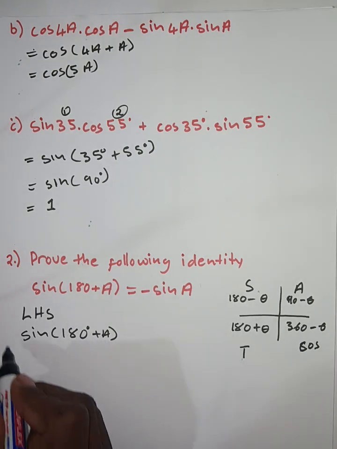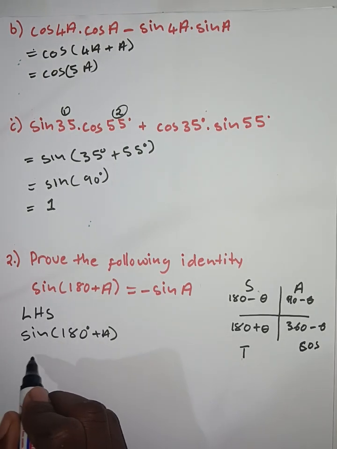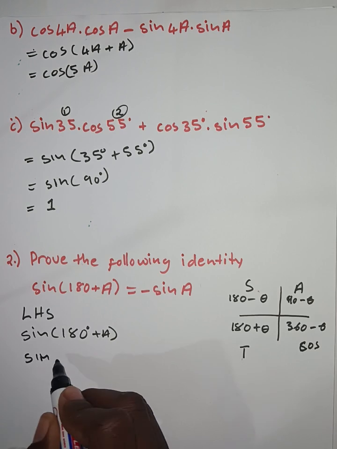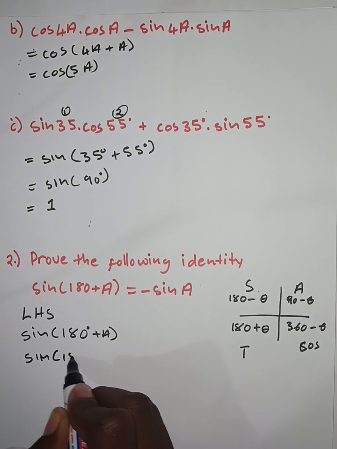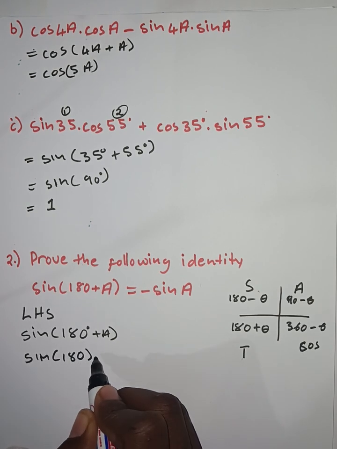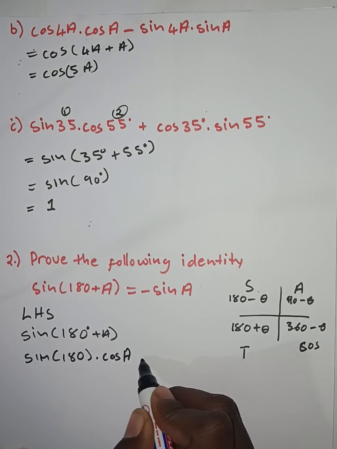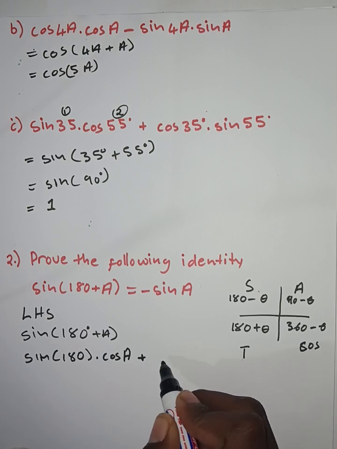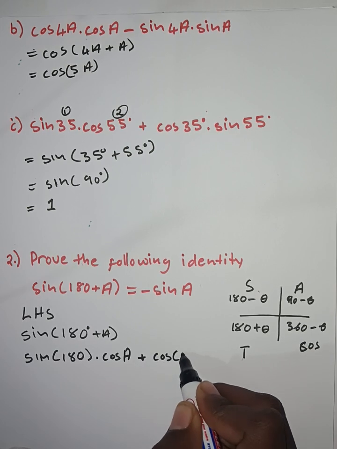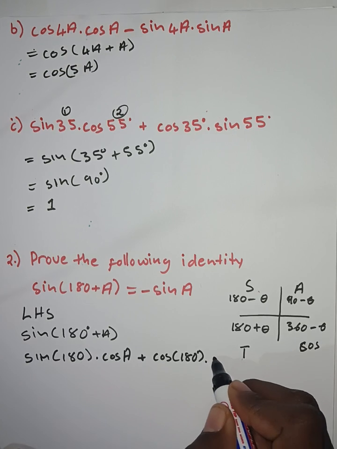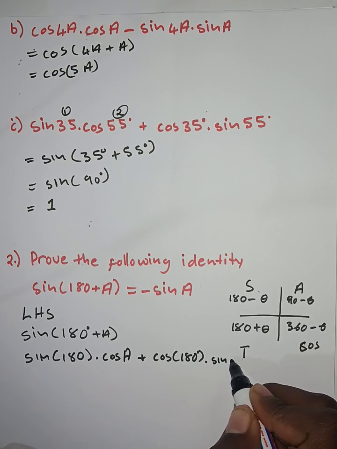If I were to expand that, this would be sine of the first angle, which is 180, multiplied by cos of the second, which is a, plus cos of 180 multiplied by sine of a.